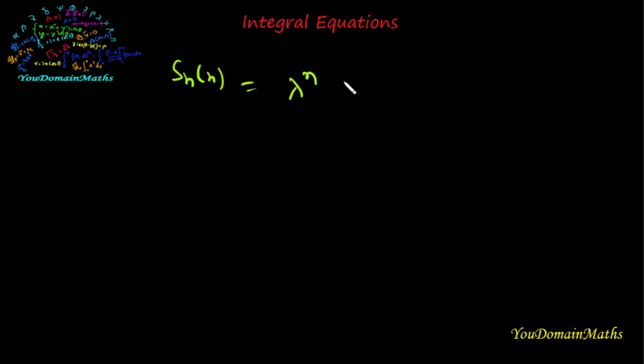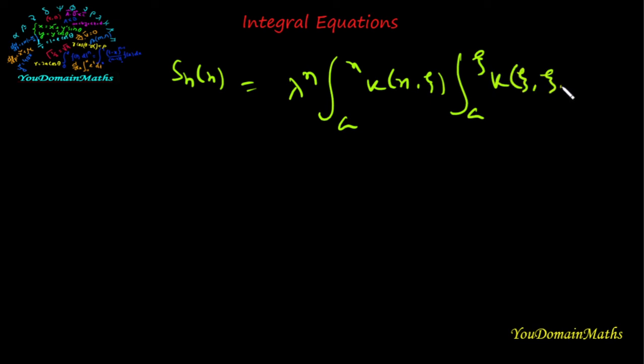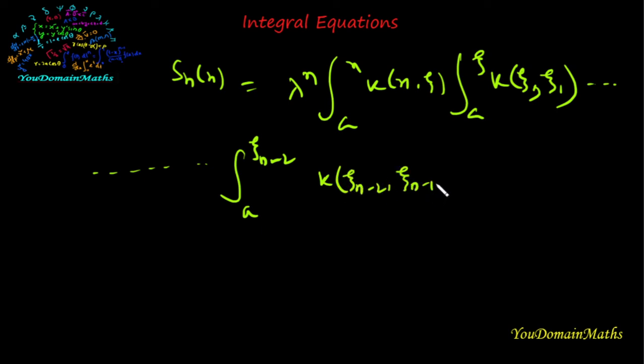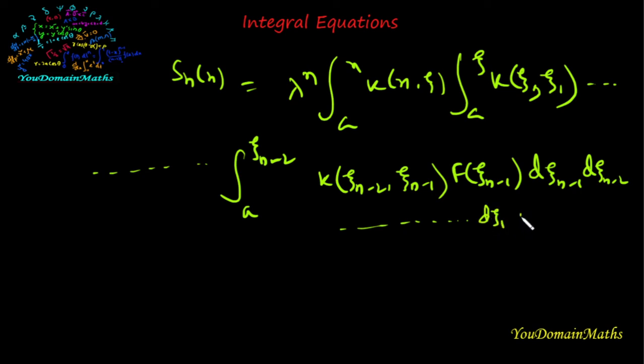It equals lambda to the power n, integral a to x K(x, xi), and a to xi K(xi, xi1), and similarly a to xi n minus 2 K(xi n minus 2, xi n minus 1) f(xi n minus 1) d xi n minus 1 d xi n minus 2, and this is continuous in xi1 and xi.